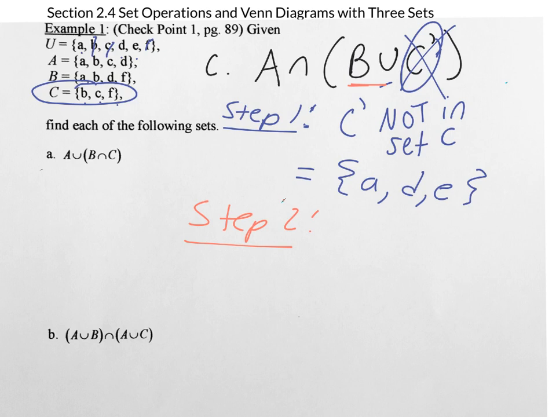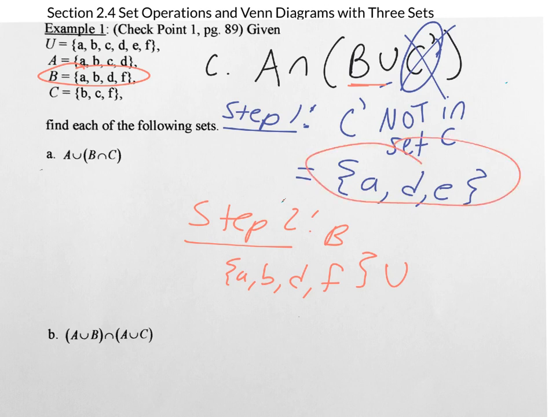So set B was A, B, D, and F. And we're going to unite it with C complement, which was A, D, E. And the union means we are going to combine the sets together.